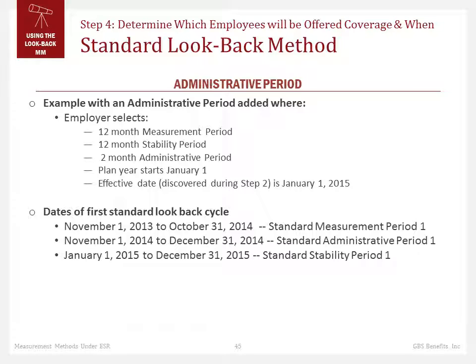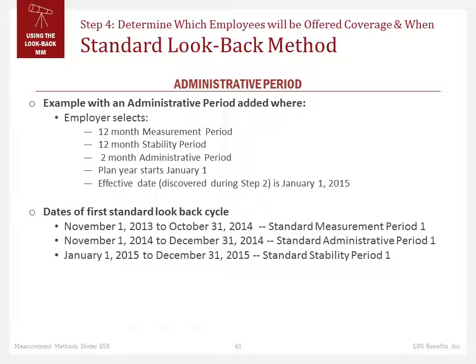Okay, so November 1st, 2014 through December 31st, 2014 is your standard administrative period. Remember, they picked a 2-month administrative period. And then January 1 is not only your effective date that you discovered during step 2, but it's also day 1 of your standard stability period. And that is because we lined it up to make sure that is when your first stability period starts.